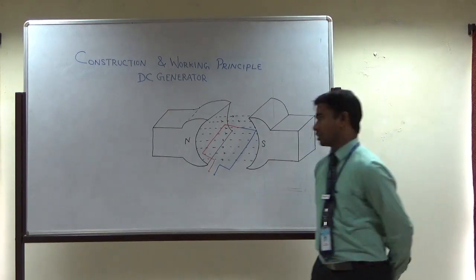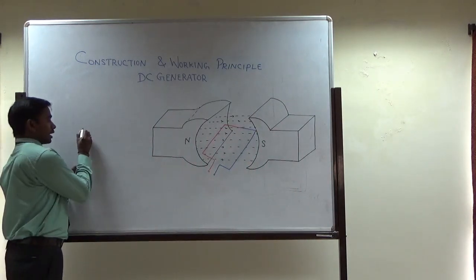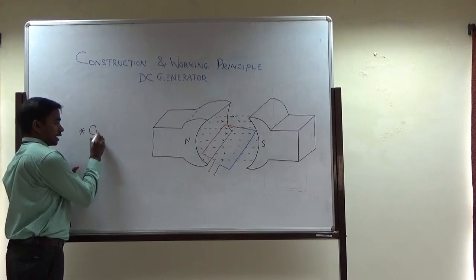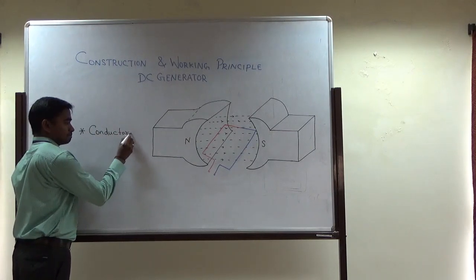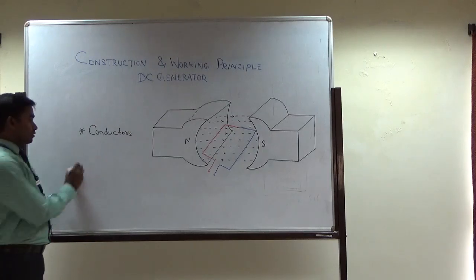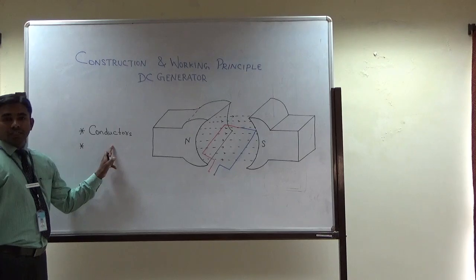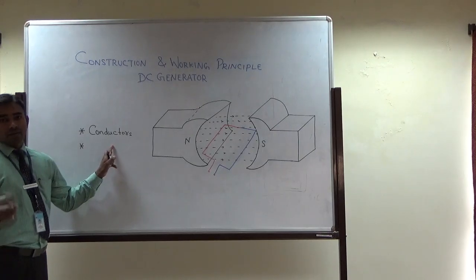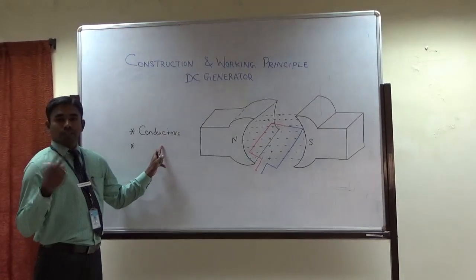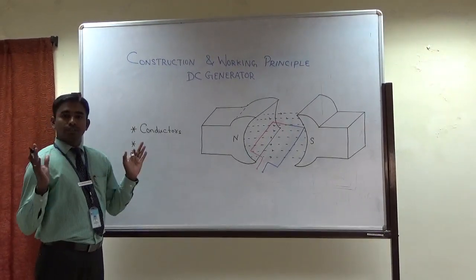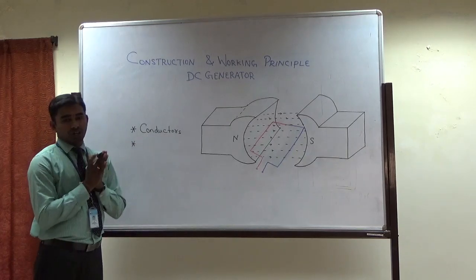We must have conductors. The conductors can be made of copper or aluminium. Based upon the type and size of the machine, it will vary. A conductor is nothing but a group of coils.